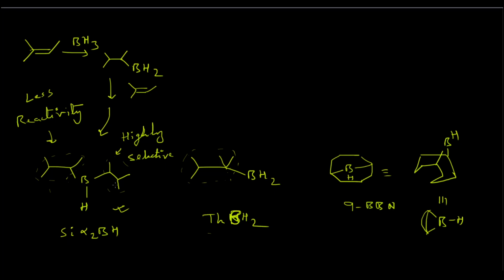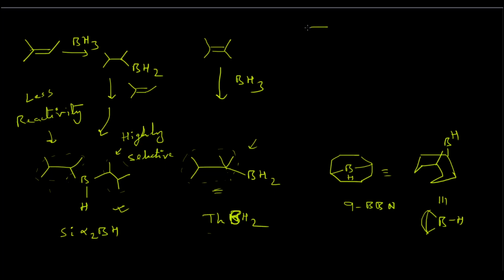So this is the case for dicyamyl boron. If we consider the formation of this thexyl boron, if BH3 is reacted with this alkene, it will lead to the formation of thexyl boron, and after that, due to steric crowding, this monoalkyl boron will undergo no more hydroboration reaction, and here again the lower reactivity will promote its selectivity.